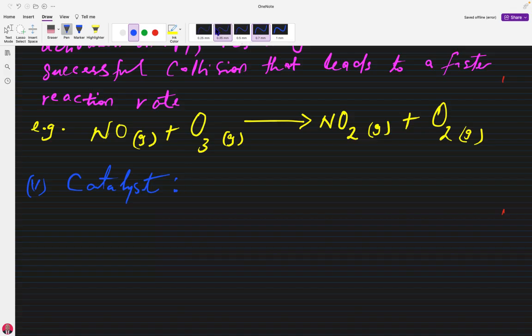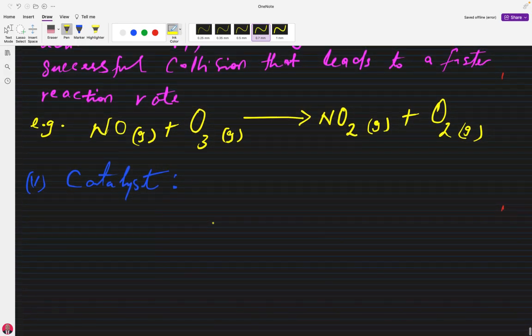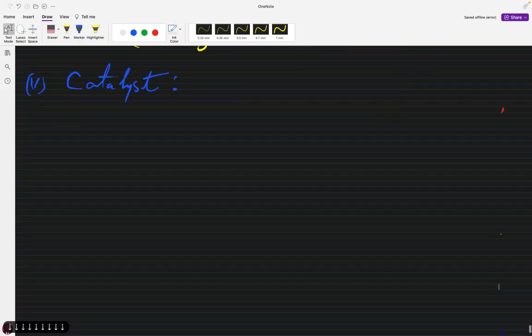Examples of catalysts used in increasing the rate of reaction. First, A, the production of ammonia: N2 plus H2, a gas, in equilibrium, producing ammonia gas. This is the Haber process.